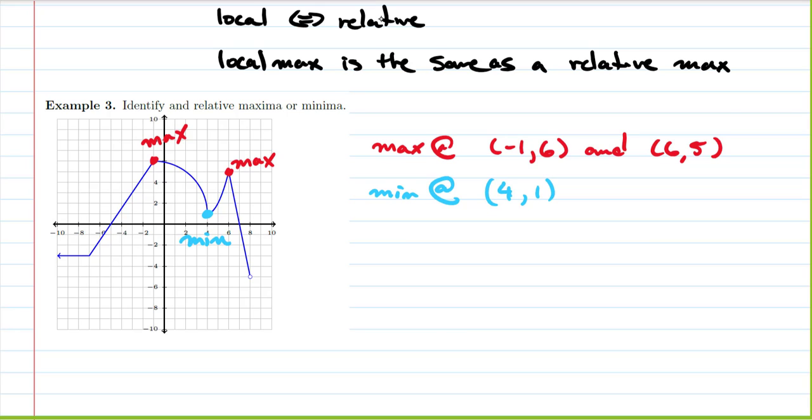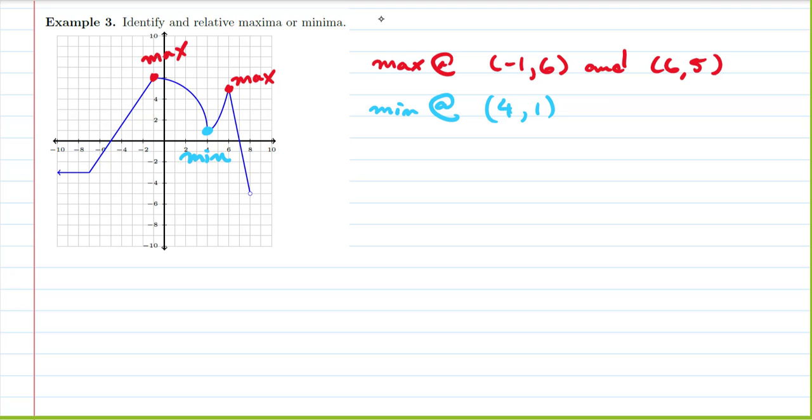So our local maxes and mins, or our relative maxes and mins, occur only when the graph changes from increasing to decreasing and from decreasing to increasing. So let's keep that in mind as we look at our next you try.